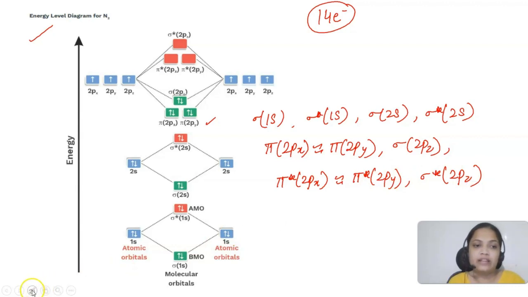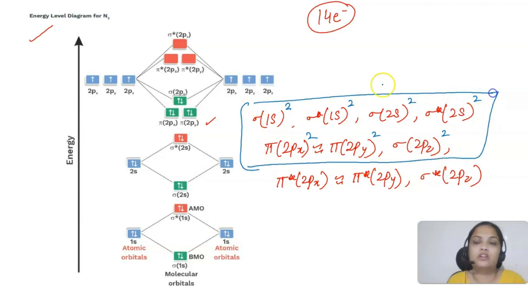Now start filling the electrons. How will you fill it? So 14 electrons I have to fill. 2 will go here. 2, 2, 2. 8 electrons done. यहाँ पे 2, 2 will come. 10 and 12 and then 14. So this will be the configuration up to sigma 2pz2. This is the configuration for nitrogen molecule.